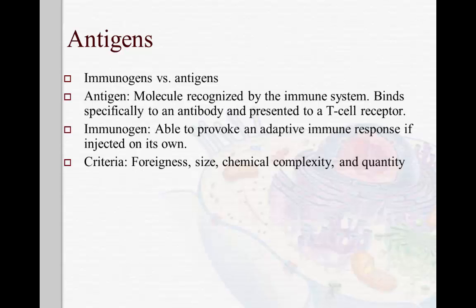For example, if the antigen is too small, it does not create an immunogenic response, and those are called haptens. An antigen as well could create an allergic reaction, and those antigens are called allergens. And the quantity: the larger the population, the more immunogenic the reaction.